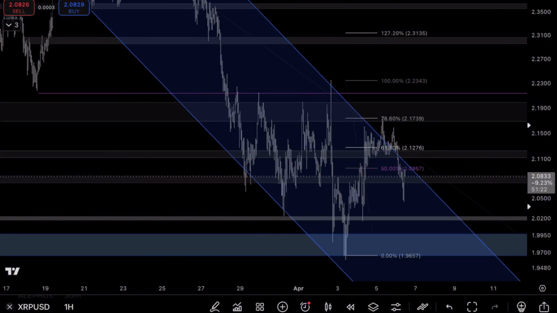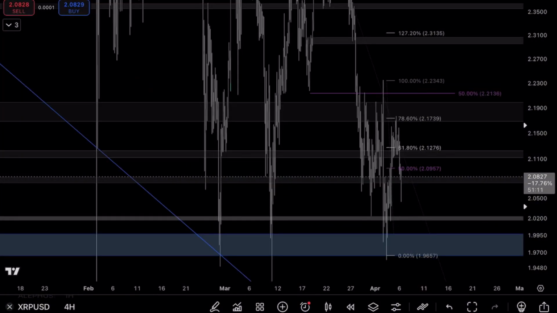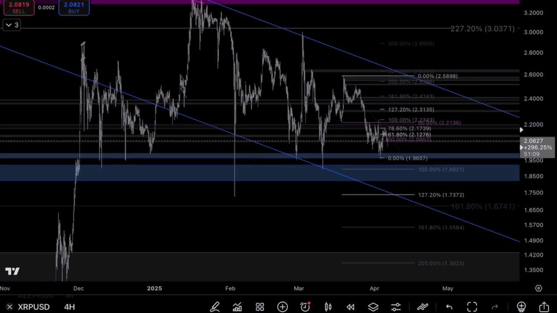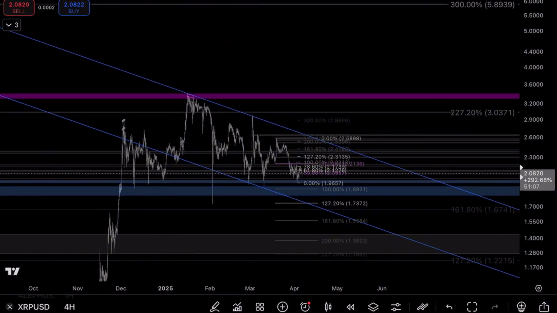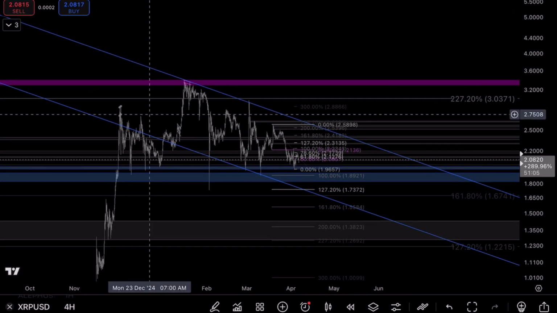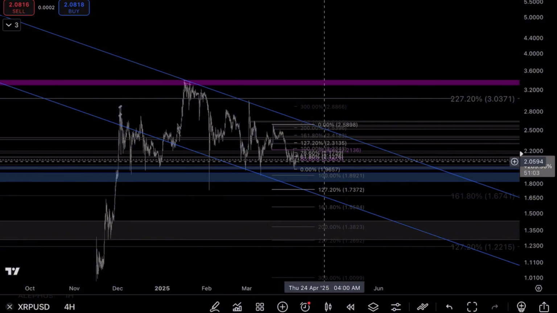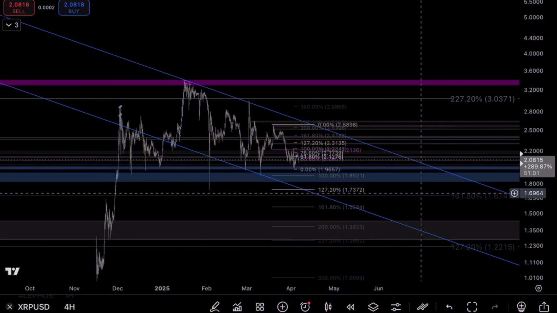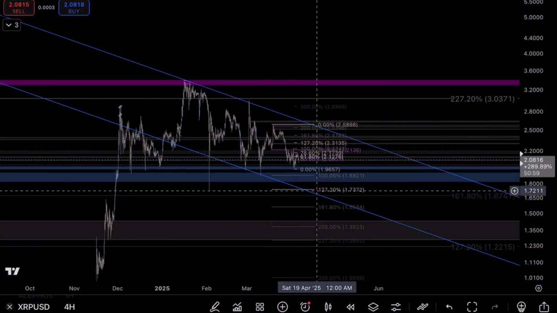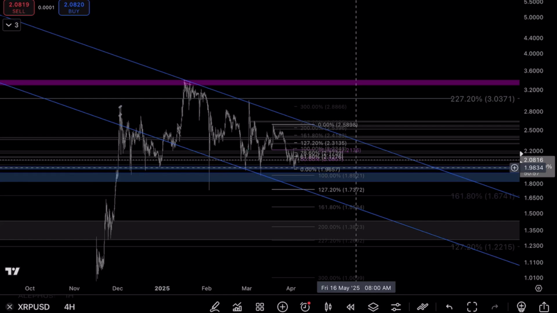So I have changed up my little color schemes. Sometimes I have to do that just to break up the monotony. I'm going to look at XRP. If I go to the 4 hour, we're looking at this downward trend, right? You see this channel right here, it's in blue, a parallel trend.